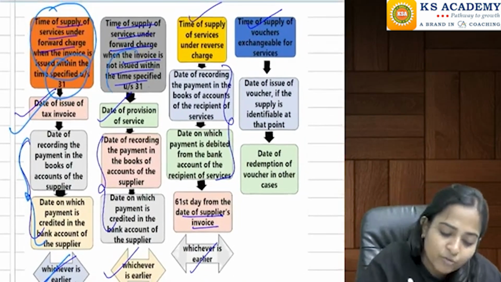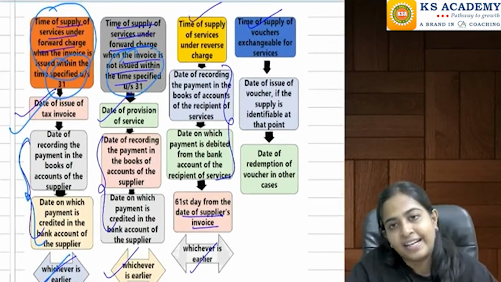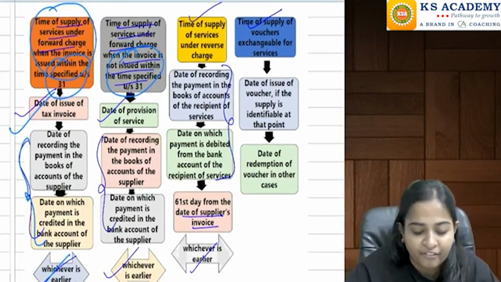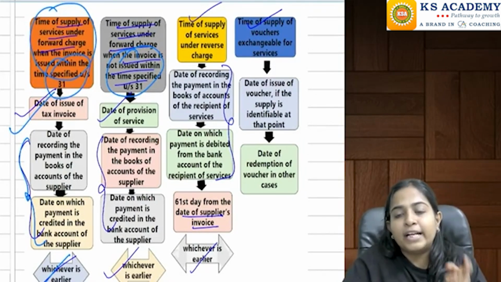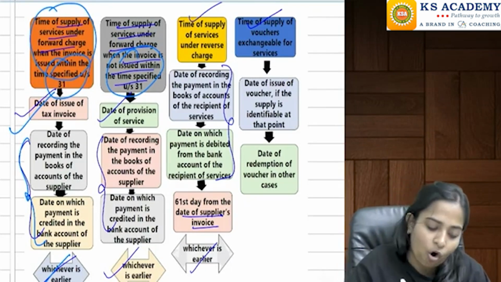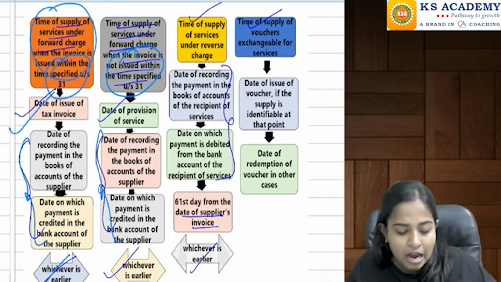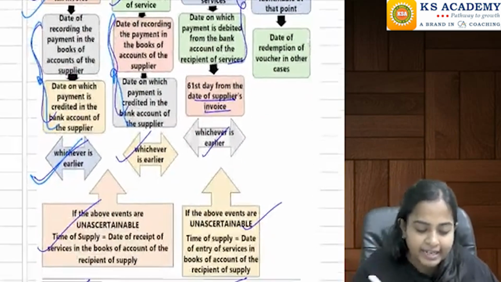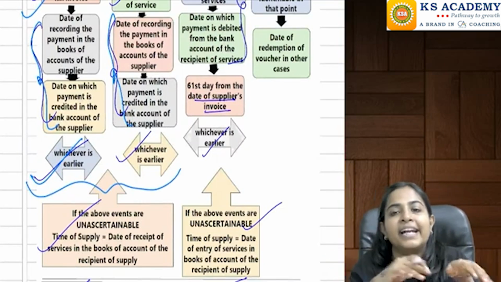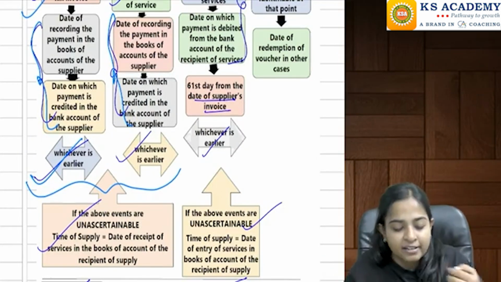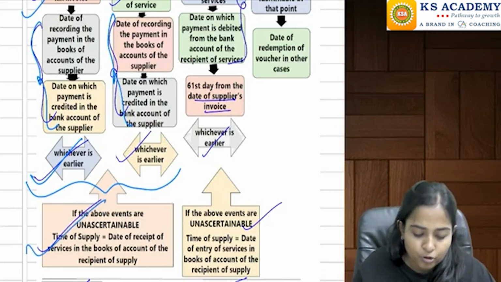If the invoice was not issued within the specified time, then the date of provision of service, completion of service or receipt of payment, whichever is earlier. Then in case of forward charge, if we are not able to determine it, the time of supply will be the date when the recipient records the receipt of service in his books of accounts.